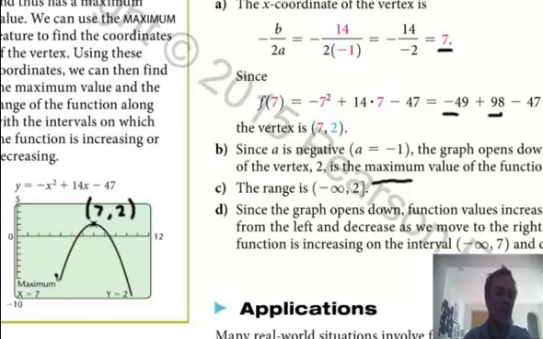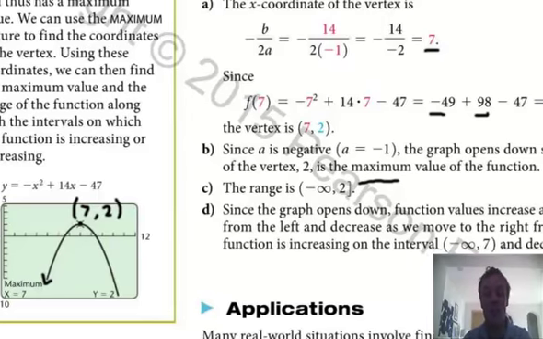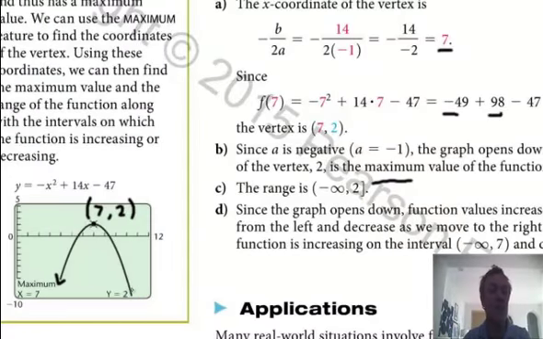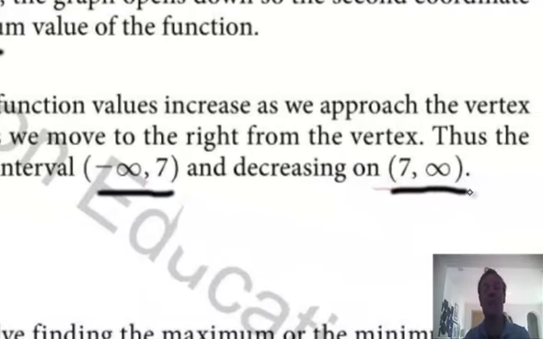Well, can you see it increases from negative infinity to 7. This is where the 7 comes in. And then it decreases from 7 to positive infinity. Left to right, from negative infinity to 7 it's increasing, and from 7 to infinity it's decreasing.